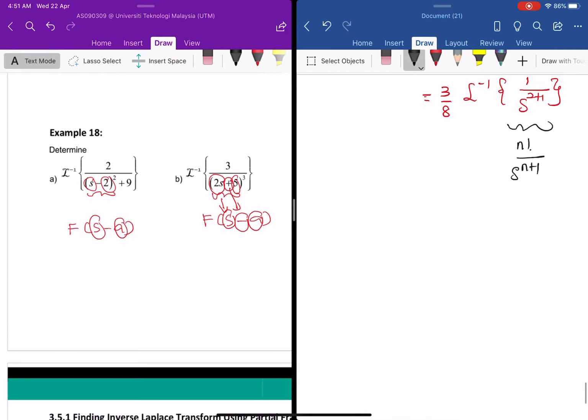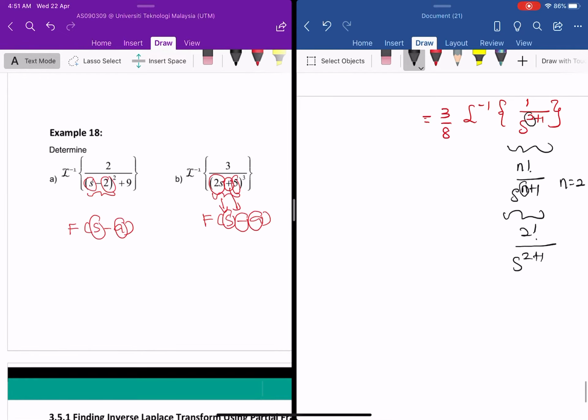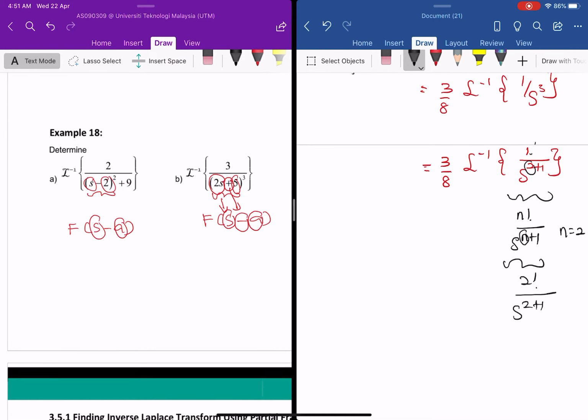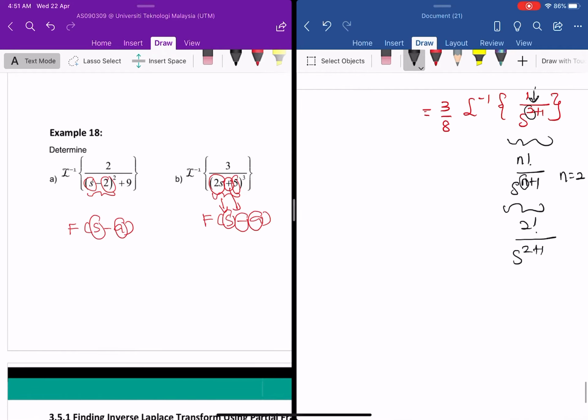So you know that the value of n will be 2. From here, it means that you have 2 factorial over s to the power of 2 plus 1. It should be like this. But the original one, look at here, the original one doesn't have the value of 2. So you need to create the value of 2 here.